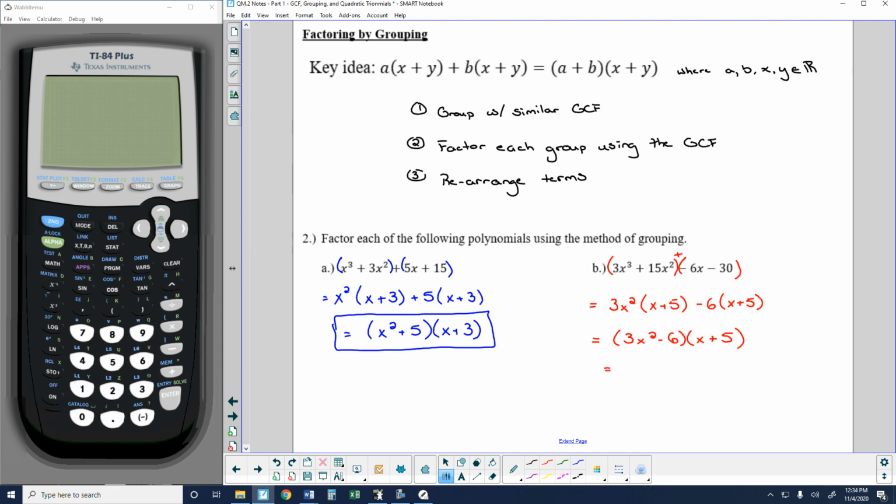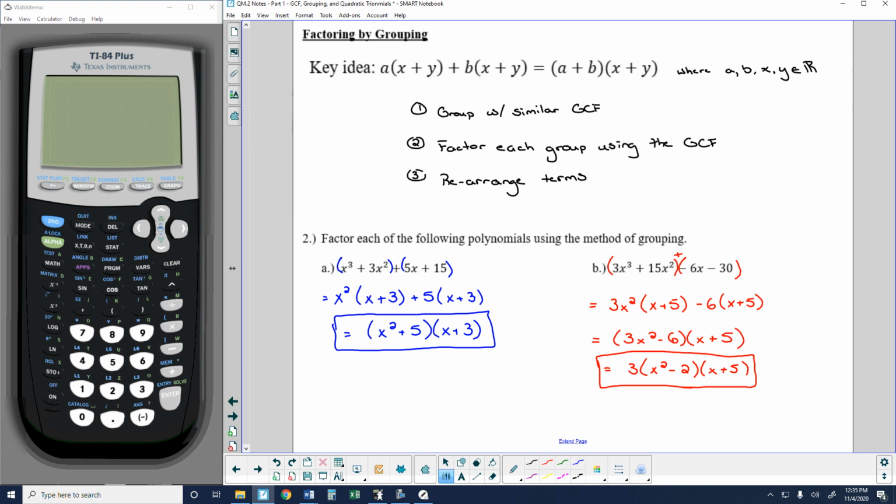So because I've learned this operation, I do want to be able to factor out the GCF. So I'm going to factor out the GCF of 3 from 3x squared minus 6, and that would leave me with x squared minus 2, and then x plus 5 would be left alone. So I do want to fully factor this based on the skills that we have right now by taking out that GCF. You can do that in the beginning, or you can do that in the end.